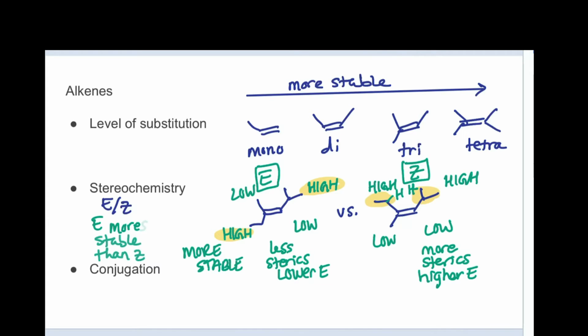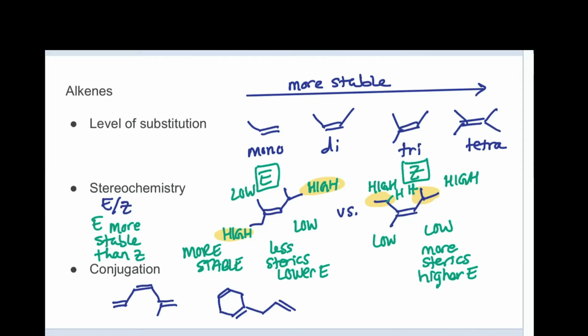Okay. And then the last consideration when we are discussing carbon-carbon double bonds is conjugation. This is that idea of alternating double bond, single bond, double bond, single bond, so on and so forth in a structure. So this is a heavily conjugated structure. Whereas, if you have double bonds, but they're not alternating within the structure, these are isolated carbon-carbon double bonds.